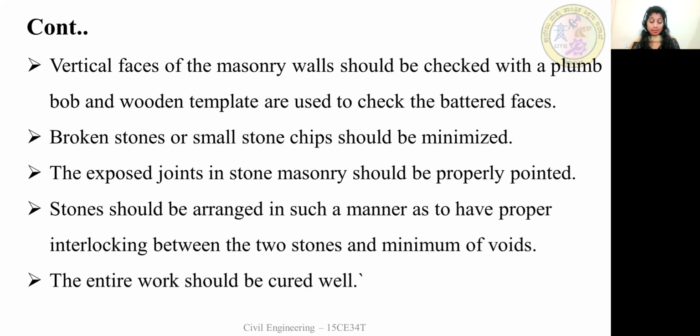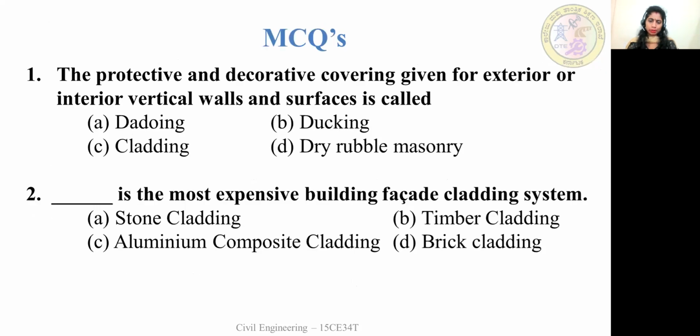In that case, we should arrange the stones in such a manner that there is proper interlocking between the two stones, and always you should avoid the voids. Next point, the entire work, whatever you do, should be cured well, at least for a minimum period.